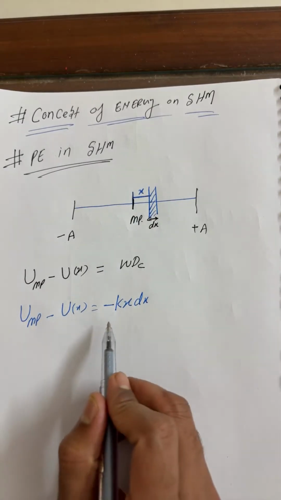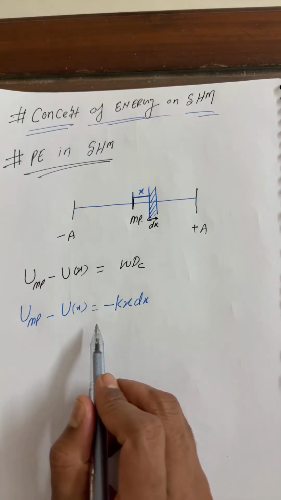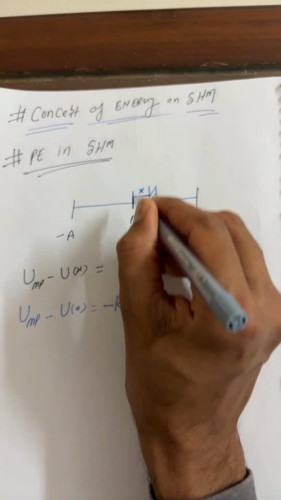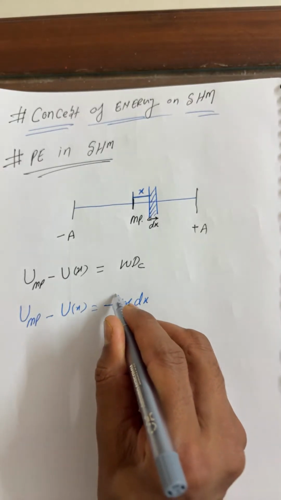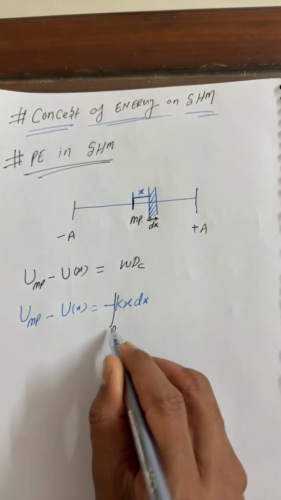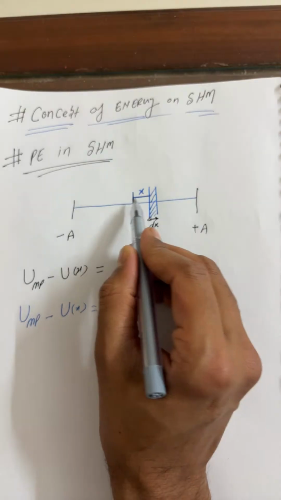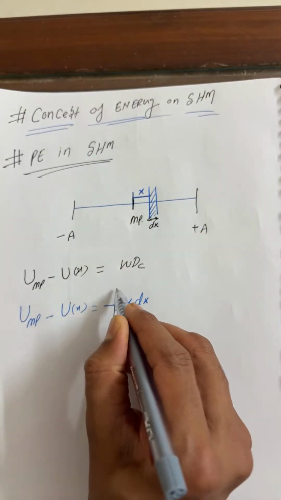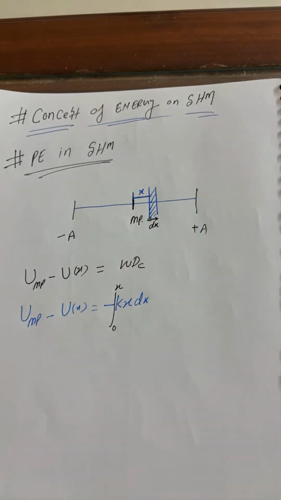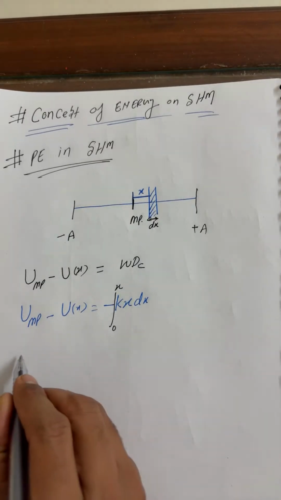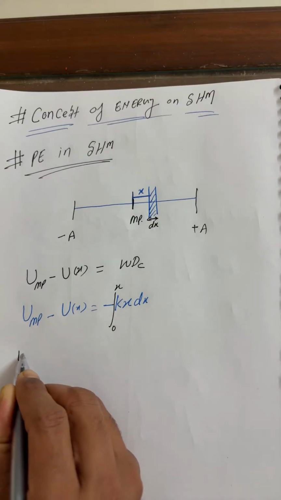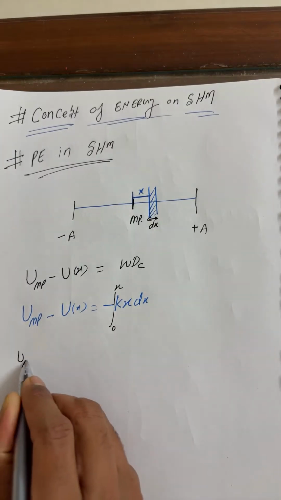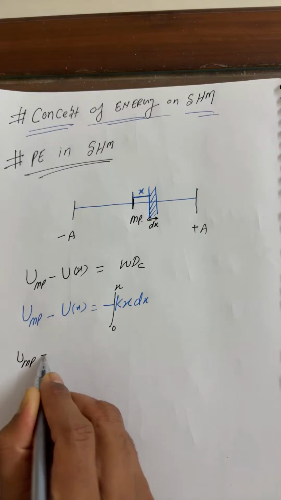Now you can apply the limits, students. If you are at the mean position, the lower limit is 0, up to the distance x. So do a bit of basic integration, I'm expecting that from all of you.